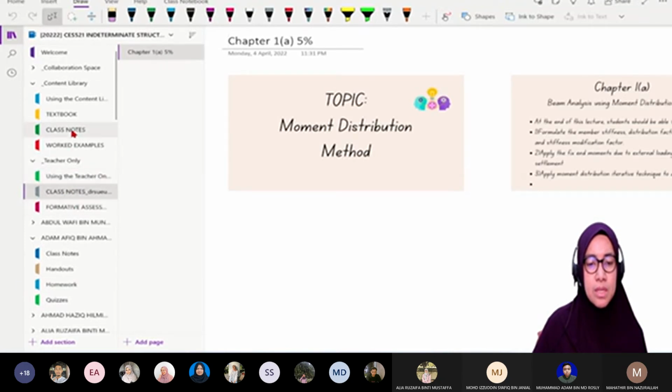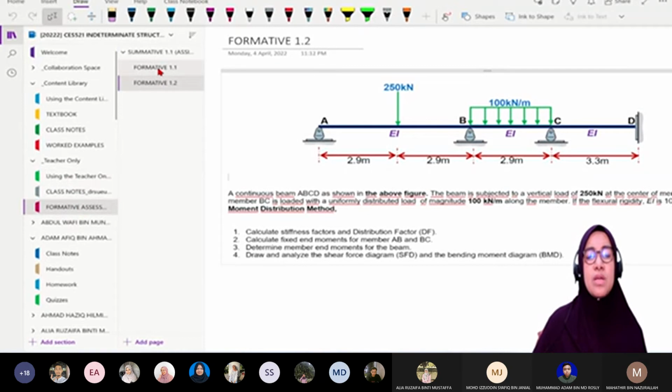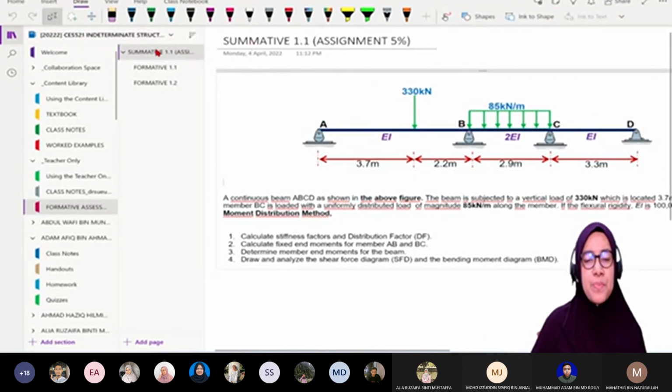Sekejap, mana dia tadi tu? Sini. Okay, formative 1.1, 1.2 I will distribute. Okay, you do this as your exercise, and then you have another one, summative 1.1. Yang ni 5% from your assignment. Okay, yang ni yang you kena do it well.